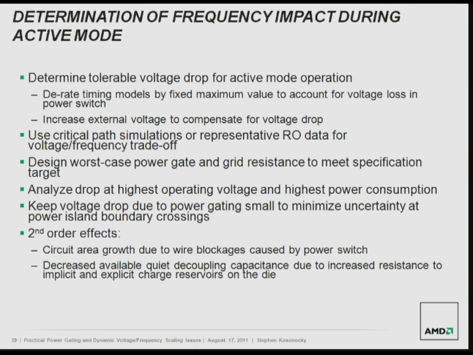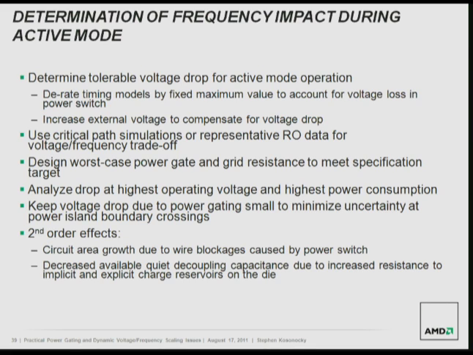So we wanted to determine the frequency impact during active mode. Kind of give a little bit of a formula here. The easiest way is to derate the timing models and target a fixed maximum value for that voltage drop, and then design to that fixed value.